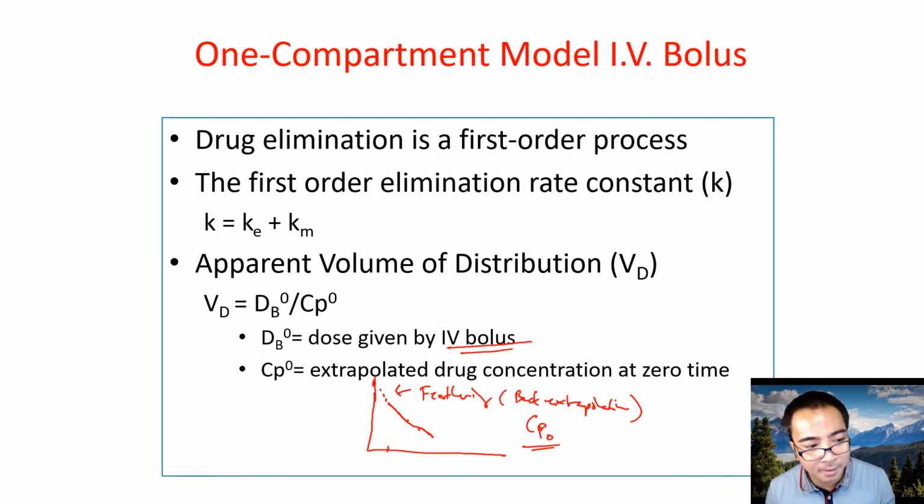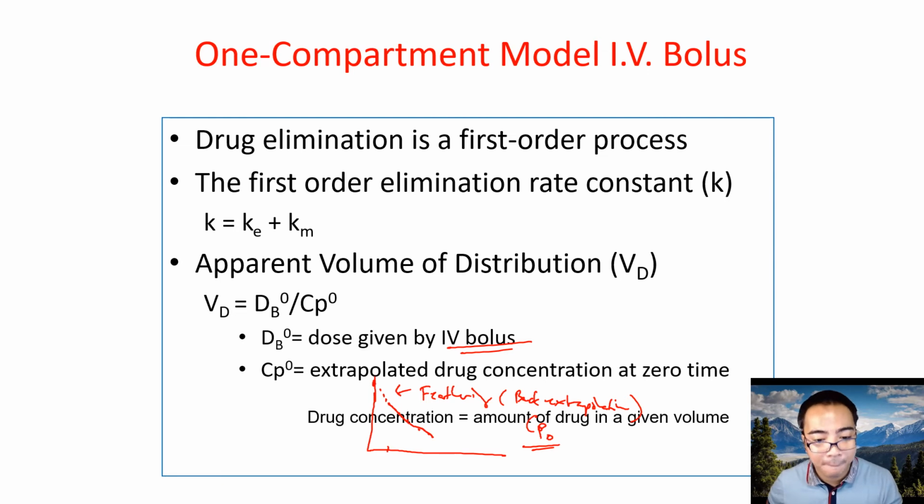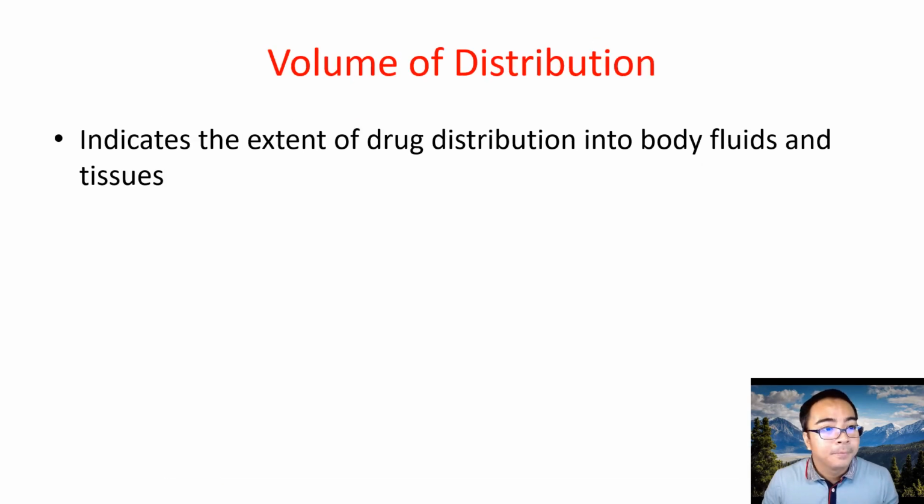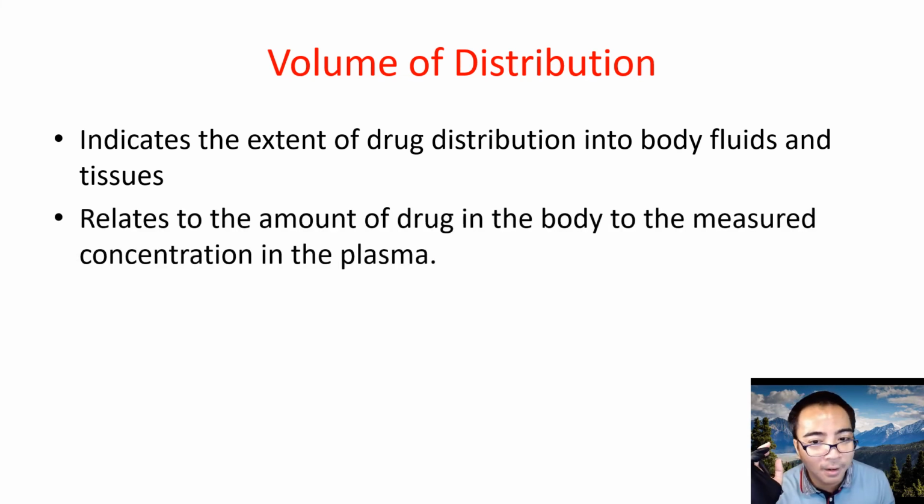So, simply, VD is just dose over plasma concentration at zero time for drugs given intravenously. Volume of distribution here indicates the extent of drug distribution into the body fluids and tissues. So, it relates the amount of drug in the body to the measured concentration in the plasma.